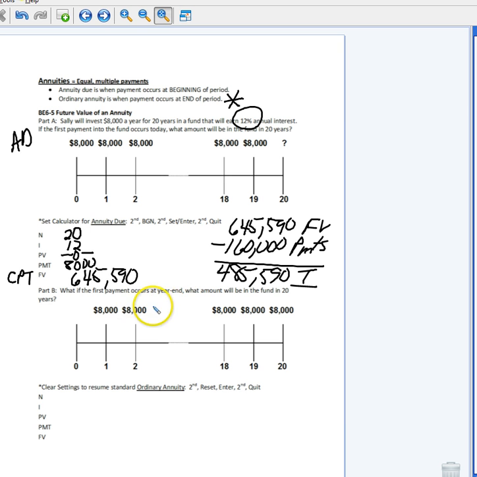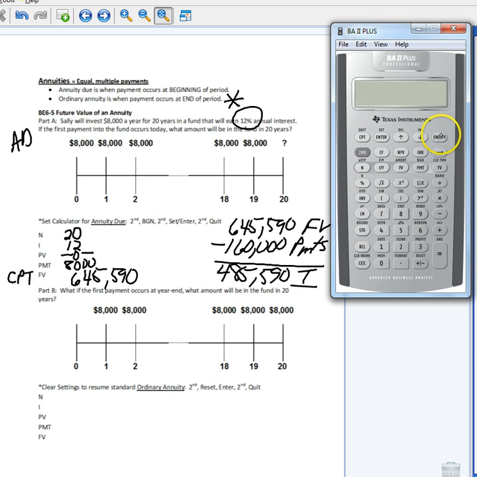Okay, now we're going to switch gears. Same scenario, except the payments are at the end of the period. So we need to clear our settings.